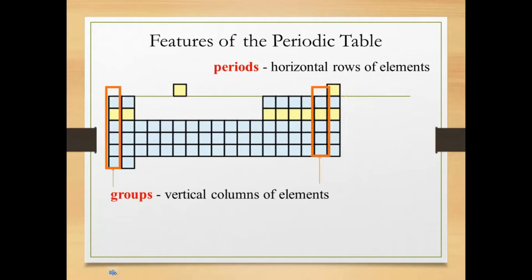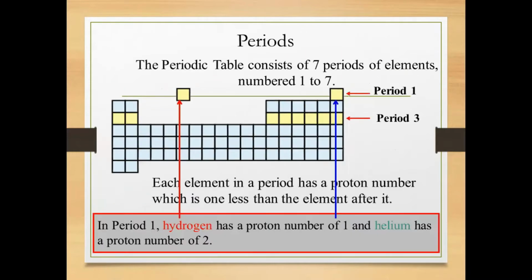Then groups. Vertical columns of elements are termed as groups. You can see over here the first and seventh group of the periodic table shown in the slide. You can also see that an arrow is showing you the presence of hydrogen in the periodic table.